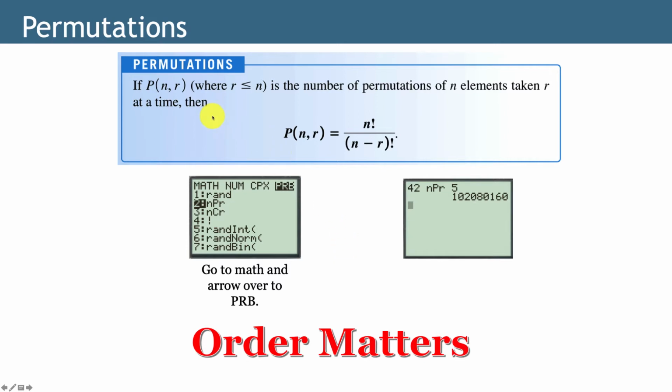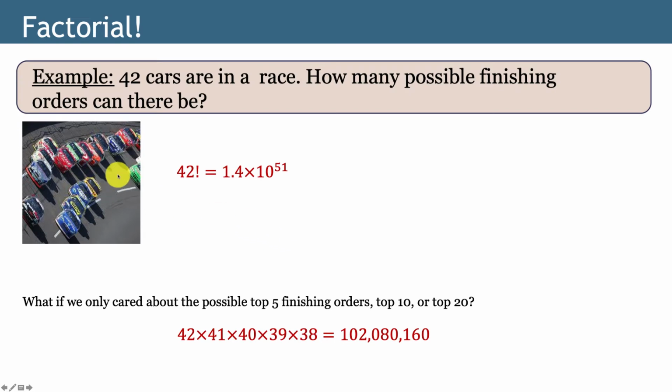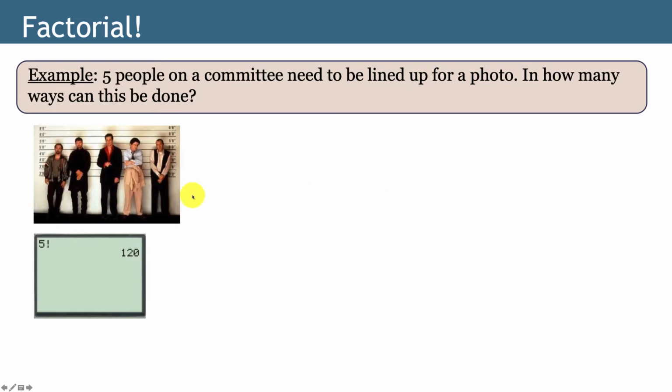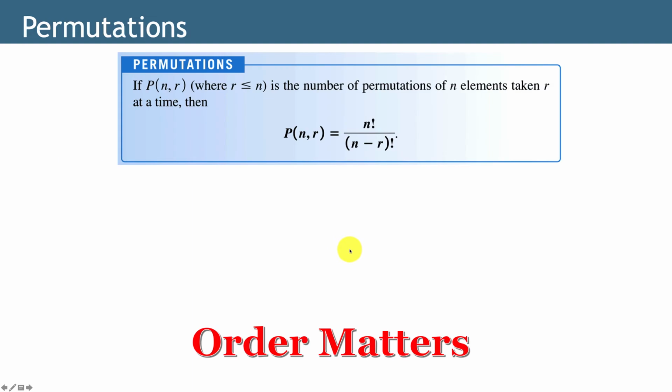Now, when you do a permutation, order matters. Order matters because I'm putting these things in order, right? First place, second place, third place, fourth place. That's an order that matters. This person first in line, that person next in line, that next person next in line, right? That's order. Order matters.